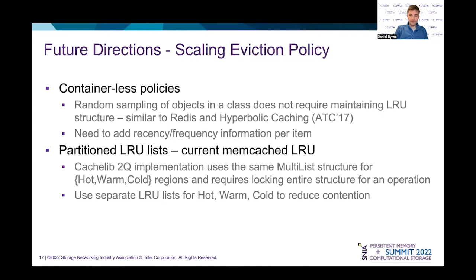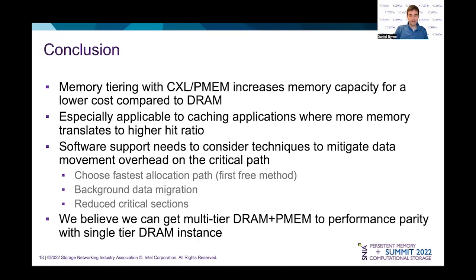So with that said, we would like to conclude that memory tiering with CXL and PMEM increases memory capacity for a lower cost compared to DRAM. And it's really especially applicable in these caching applications where more memory translates to higher hit ratio. But as we've seen, the software support needs to consider these techniques to mitigate the data movement overhead that we see on the critical path.